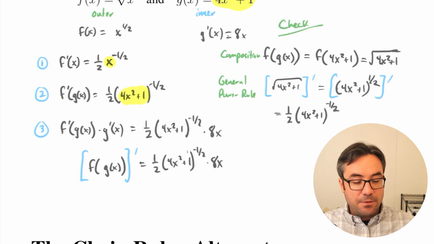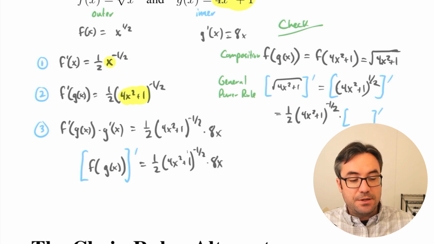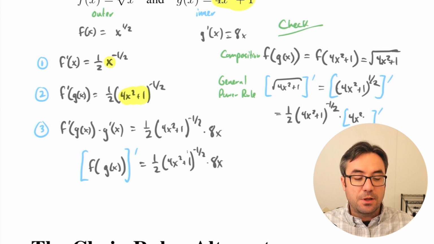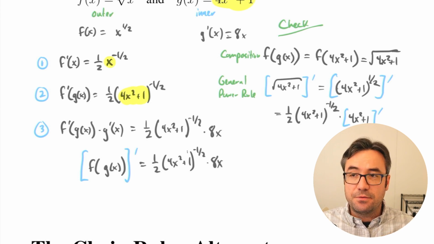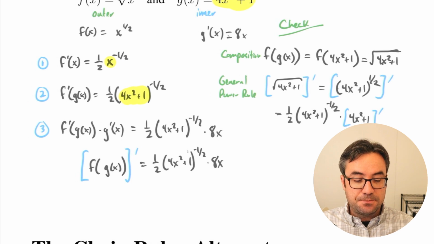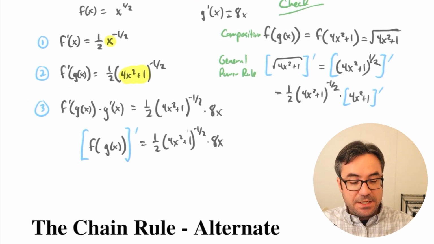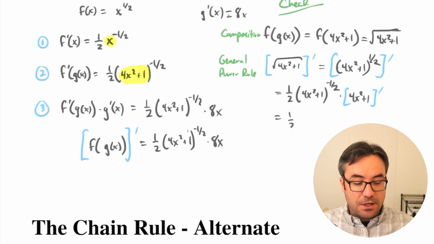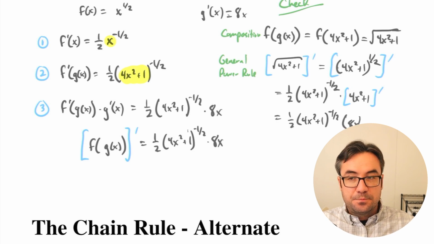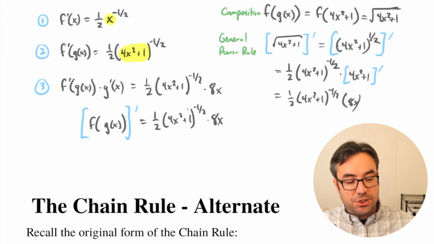And then finally, we multiply by the derivative of those terms that are inside, the 4x squared plus 1. If we finish that up, we end up with the exact same result. So that checks out.